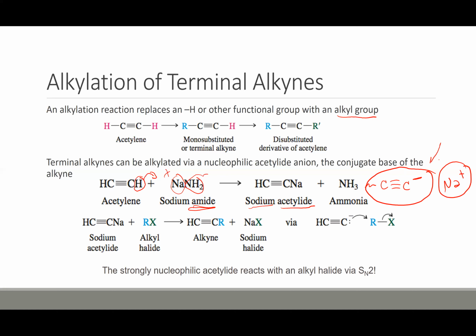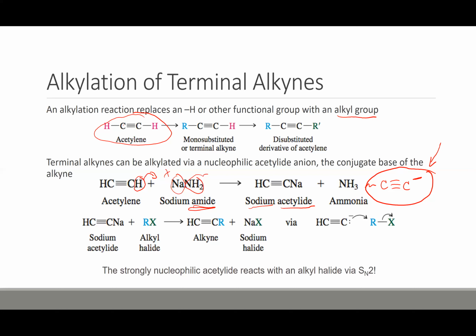But the key thing is we make this anion, this negatively charged triple bond. And that's why it has to be a terminal alkyne or acetylene, which is just a triple bond that has a hydrogen on each side. Only these will work. Once you make that acetylide, that anion, then you can substitute on a carbon group.